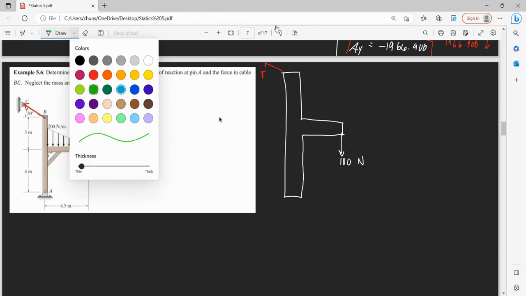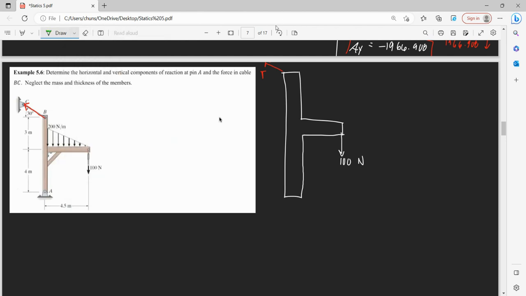We also have reactions at this pin, AY and AX, just assuming direction for now. And we also have a distributed load here. So I'm just going to do the math for that really quick. We know that our equivalent force acts at 1/3 of our length.